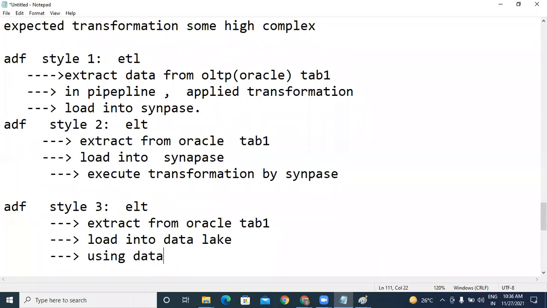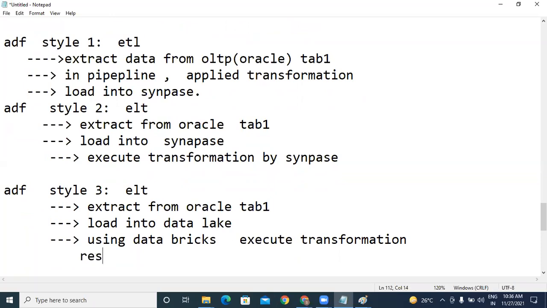Using Databricks, execute transformation. Once I perform the transformation, results will be produced and loaded into any target. That can be data lake, Synapse, or anything.